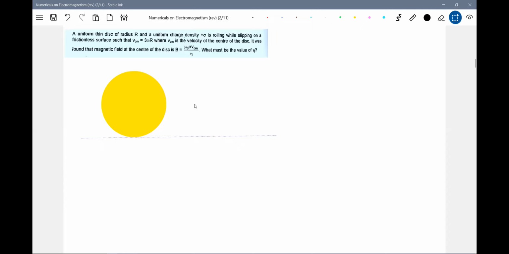It was found that the magnetic field at the center of the disk is equal to this much. He's asking for the value of theta. But it's slipping, not pure rolling. Pure rolling would have been nice. I'll give 2 minutes, analyze it, then I'll come into the picture.